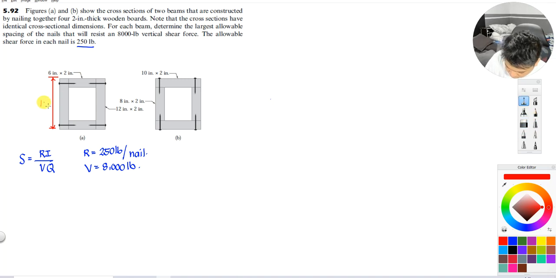So, this is 12 by 2. So, ibig sabihin, if this is 6 by 2, 6, okay, lagyan natin para sure. So, this is 6, and then this is 2 inches, and then 2 inches. So, ilan siya? 10. Okay?